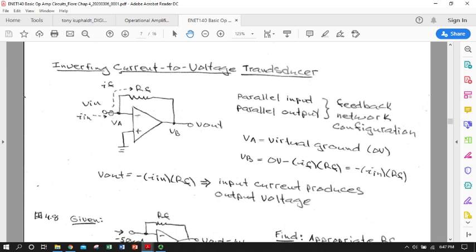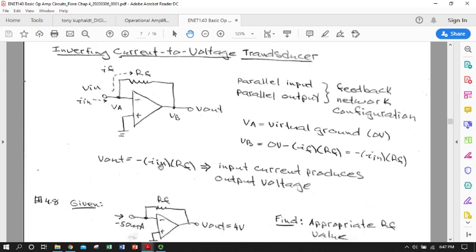We don't have a front end R sub I. All of the current flows through the feedback resistor to point V sub B on the output. Otherwise, everything the same. So our output signal is just simply going to be the inverse of our input signal times the feedback resistor.